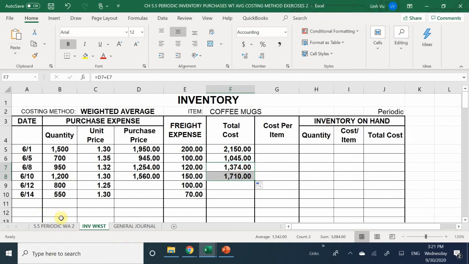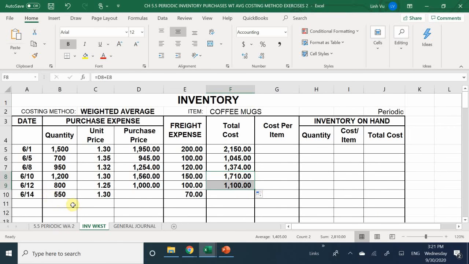Then on June 12th, I purchased 800 items at $1.25 with a freight of 100. So what is my purchase price here? $1,000 even. And what is my total price here? It's 1,100. Good.